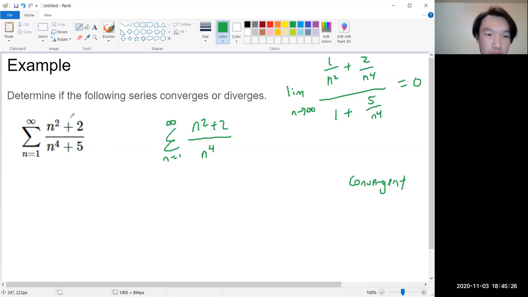Our original has the bigger denominator. Less than? Yeah, bigger denominator means it's less than. So maybe if we could figure out that if the green one is convergent, then the black one will also be convergent, right? So maybe we can just analyze this green one right here.